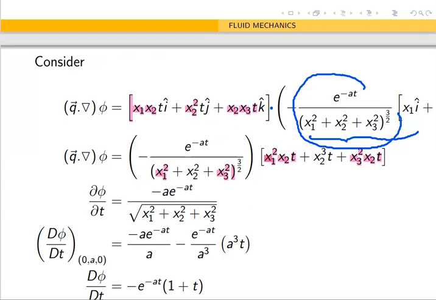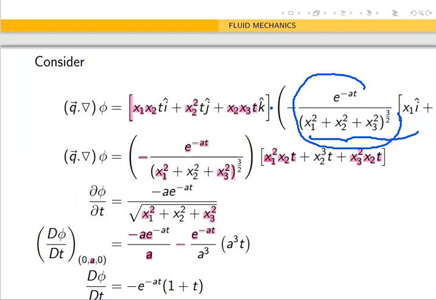So dou phi by dou t, this part is dou phi by dou t. x1 is 0 and x3 is 0, and what is our x2? x2 is a. So a square root is nothing but a only, right? And the numerator is minus a e power minus at as it is. Then plus q dot del phi. In the q dot del phi, you have a minus sign, so minus will come, then the remaining e power minus at as it is.